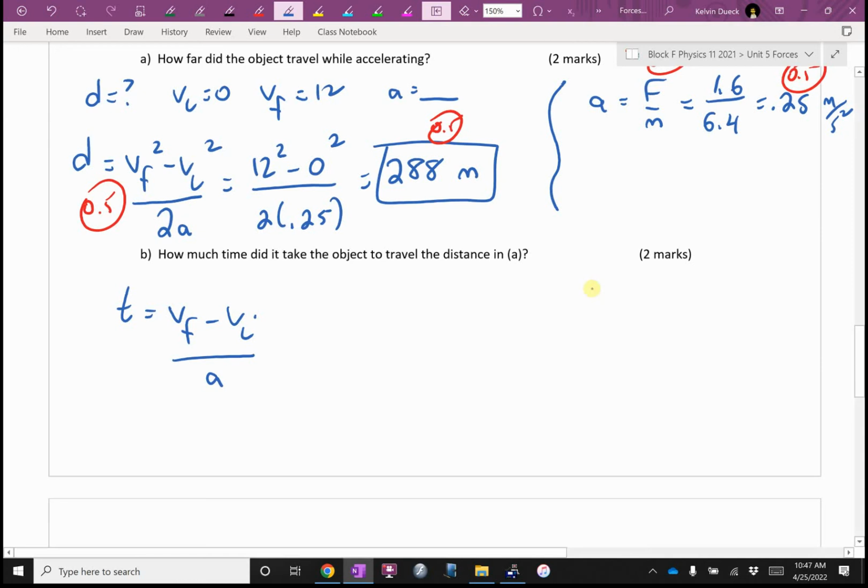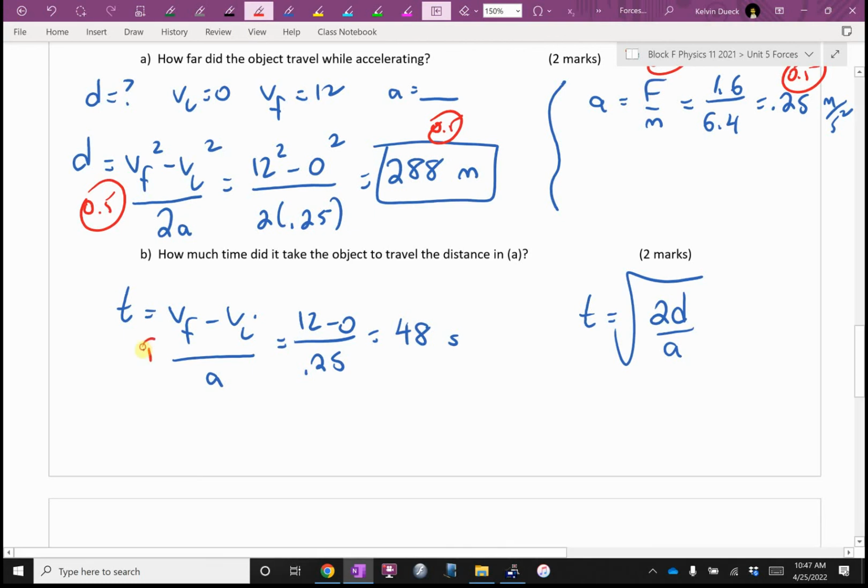So you could also go T equals the square root of 2 times D over A. You could probably use the one with the brackets in it for that matter, but I went with this one because it's the one I'm the best at rewriting because I did it so much. So I said it's going to be 12 minus 0 all over 0.25. 48, is that right? Yep. 2 marks. I guess here I would give you 1 mark for that, half mark for the numbers, half mark for the answer.